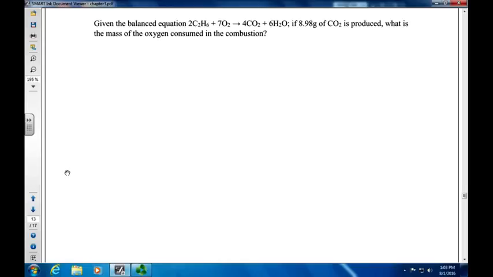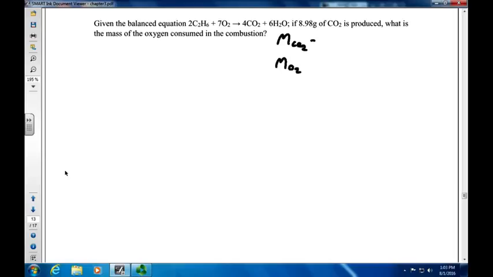What is the mass of oxygen consumed in the combustion? Again, we'll need to get our molecular masses. In this case, we need the mass of CO2 and the mass of O2.